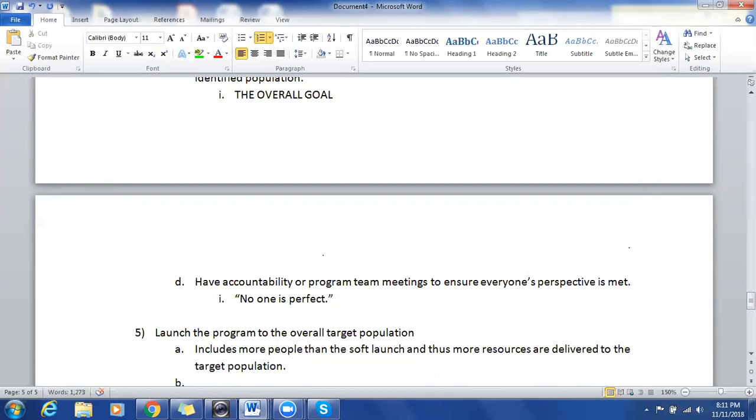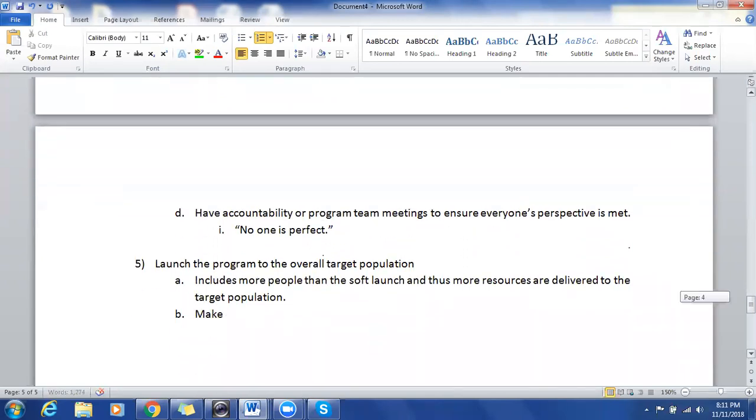From there, we make adjustments along the way, yet they are slower due to the system. And when I say system here, I mean the program already being established.